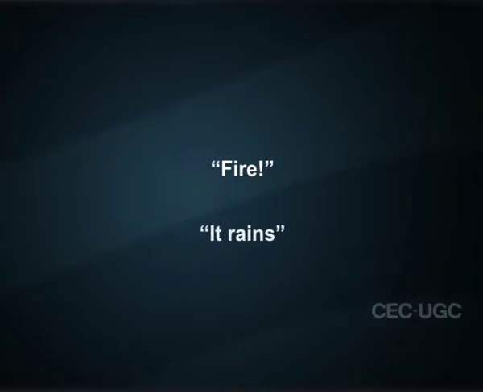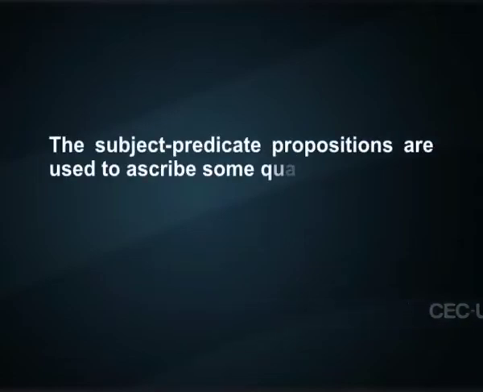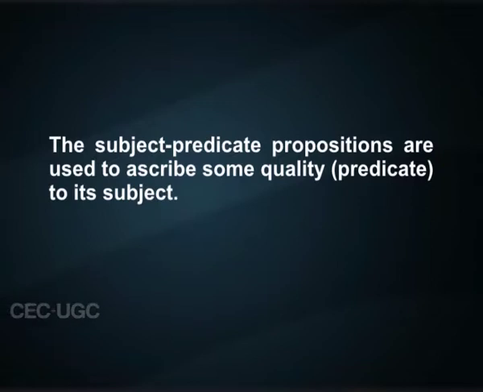Exclamatory utterances like "Fire!" are subjectless or impersonal but with a specific meaning. Statements like "it rains" are also considered subjectless propositions. The subject-predicate propositions are used to ascribe some quality or predicate to the subject.